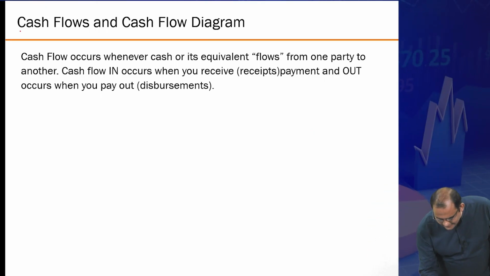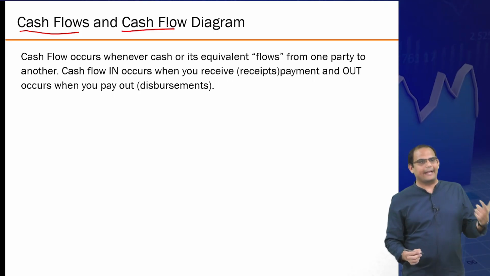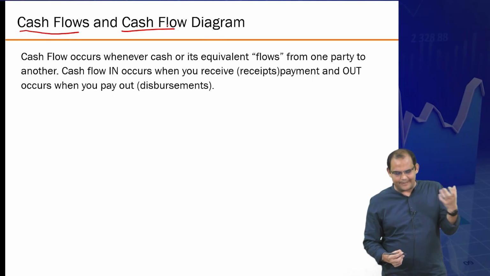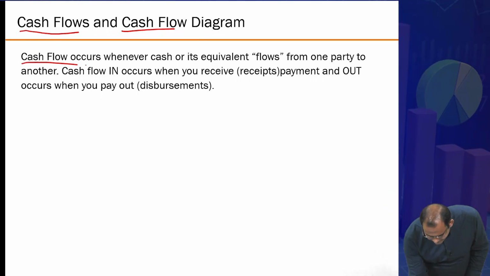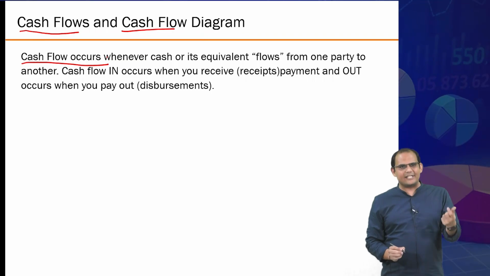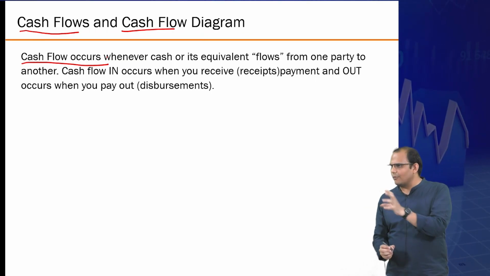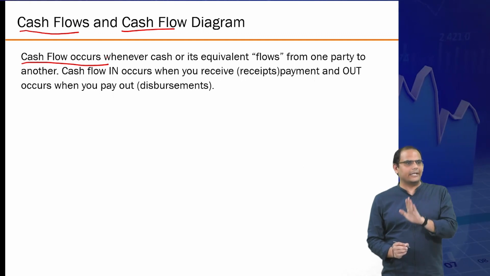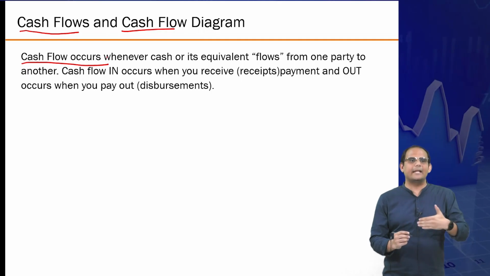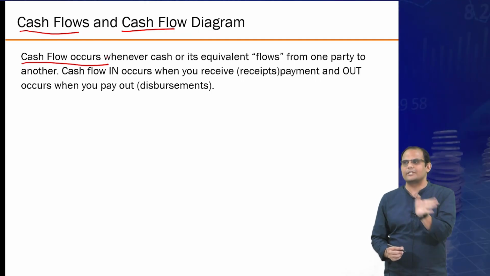So, this is a very important term, something called a cash flow and a cash flow diagram. A cash flow diagram is basically a diagram representing cash flows. Cash flow occurs whenever cash, which is the real hard money or equivalent of what you consider valuable, flows from one party to another. Typically in a transaction there are two parties, someone who is giving the money, someone who is receiving the money.